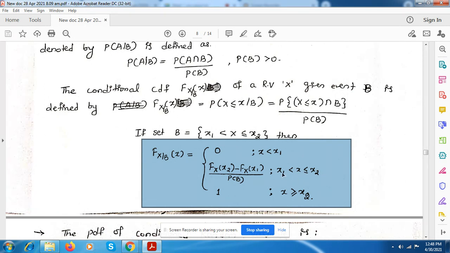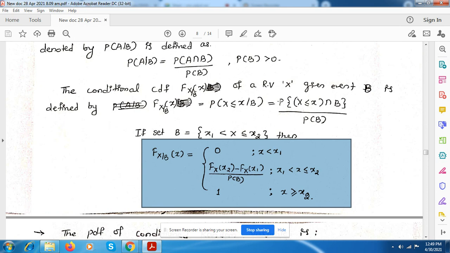When x lies in between x1 and x2, that is probability of X lies between x1 and x2, we have already seen the formula in terms of CDF: Fx of x2 minus Fx of x1.